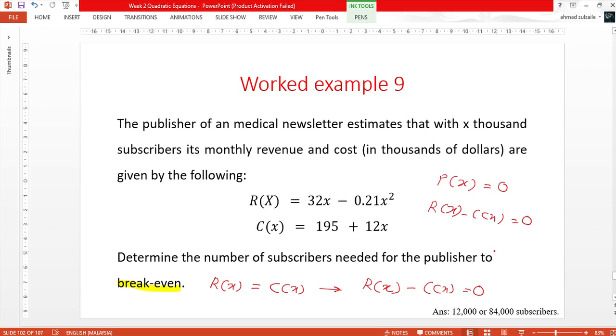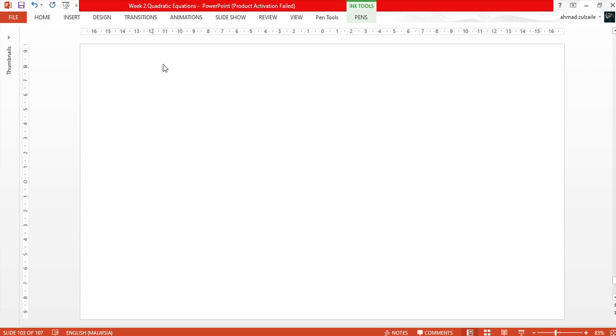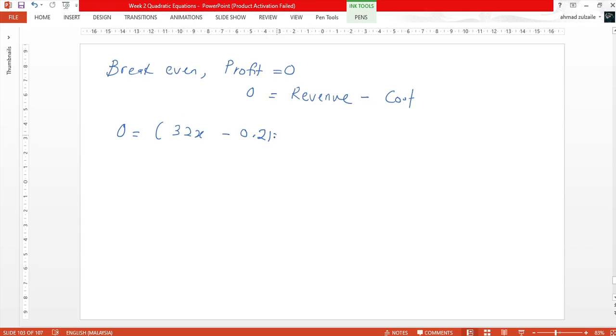Alright, so in order to answer this question, break even is equal to profit equal to 0, where profit equals revenue minus cost. Right? So we know that the revenue just now is equal to 32x minus 0.21x squared.